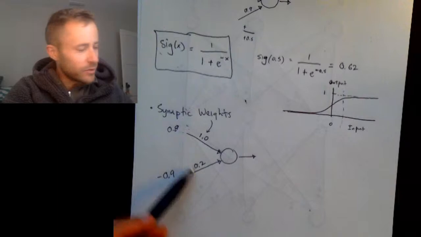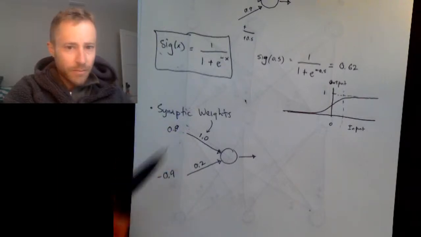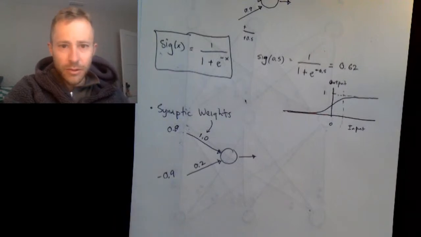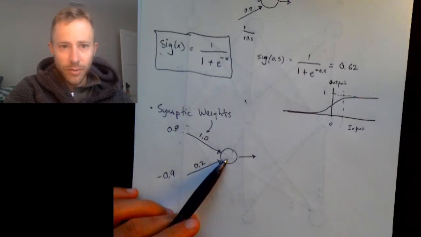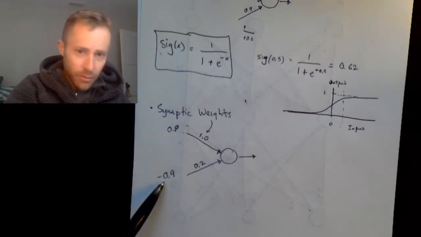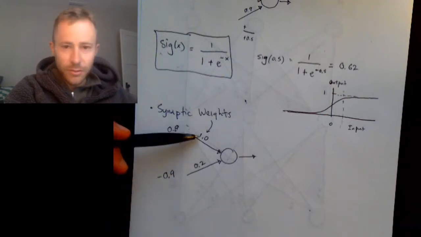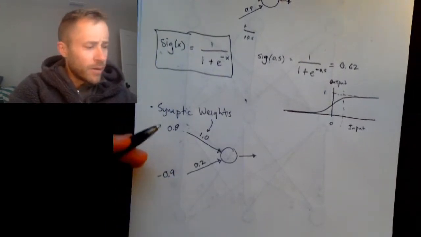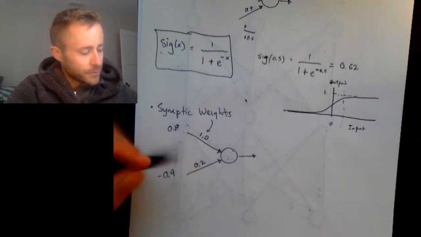So what that means is that this input signal is going to get priority over that input signal. In other words, this signal is more important to the function of the neuron than that input signal because this one has a bigger weight. All these weights do is multiply the input.